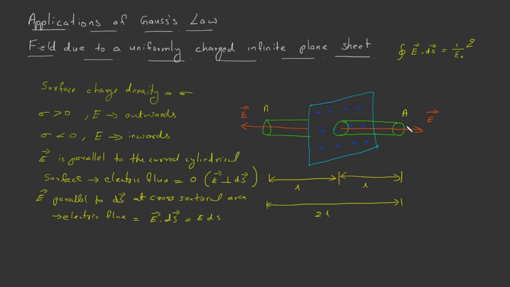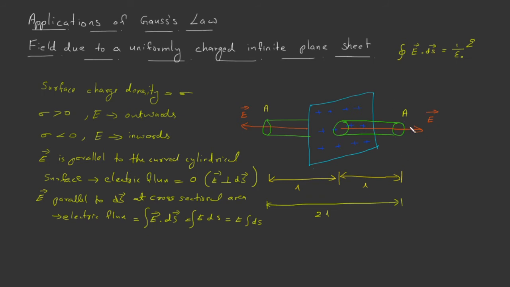That is, the direction of the outward normal to the small element ds on the cross-sectional area and the direction of electric field are the same. Therefore, E dot ds becomes E ds. And to find the total electric flux, we need to integrate it. If we integrate it, we get E times the integral of ds.